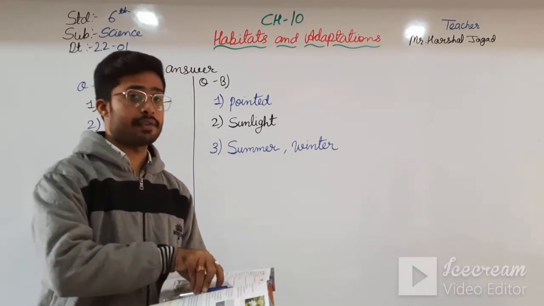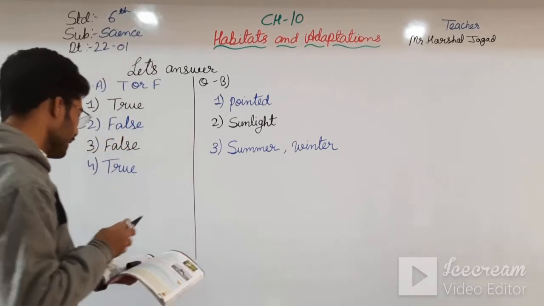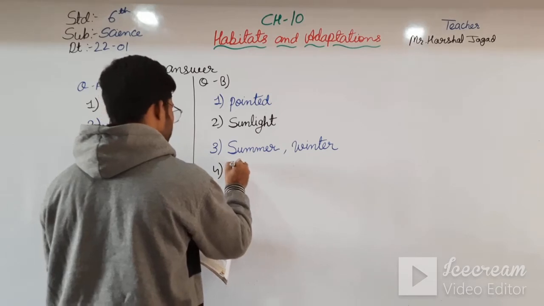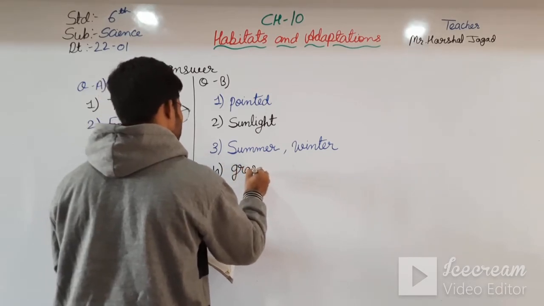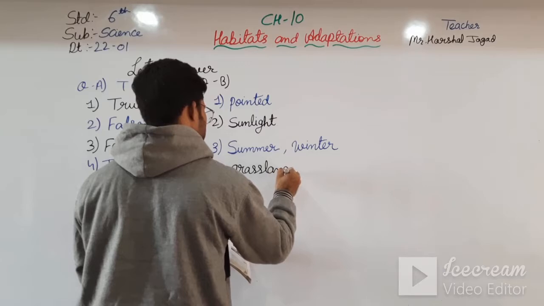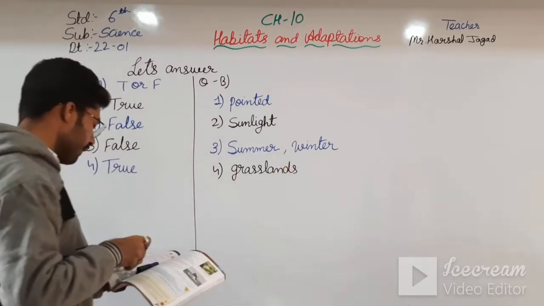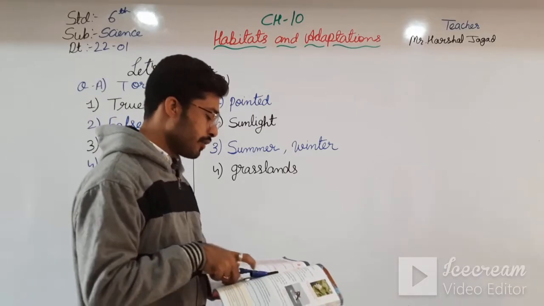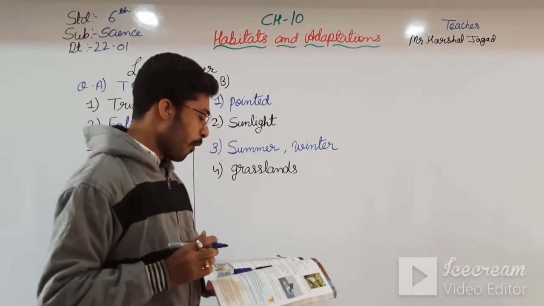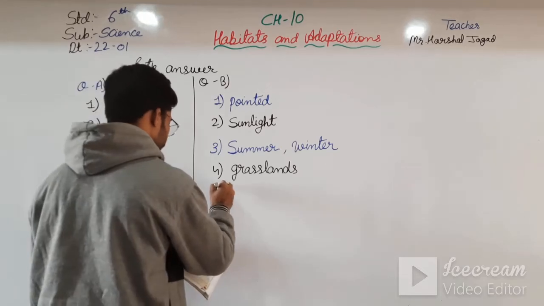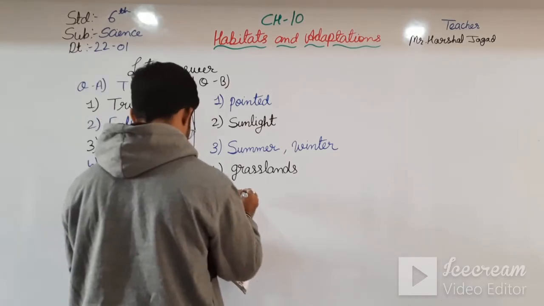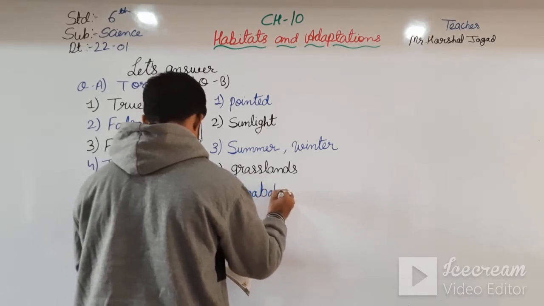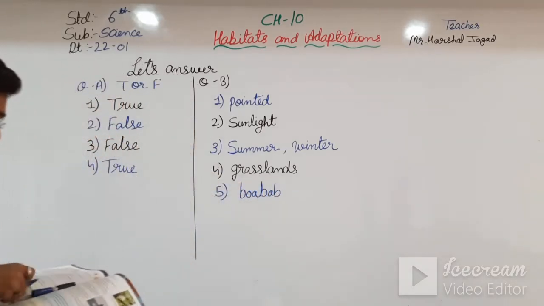We know that in the grasslands it is there. Fourth one: grasslands. Fifth one: a dash tree has a swollen stem to store water, that is baobab. Okay, so these are the answers.